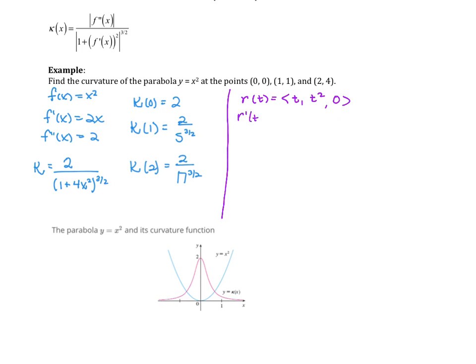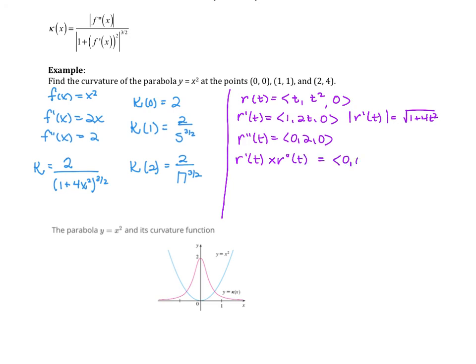And if we went through and did the math here, r prime of t would be 1, 2t, 0. We need the magnitude of r prime of t, and that would give me the square root of 1 plus 4t squared. We would need r double prime of t, which would be 0, 2, 0. And if we do the cross product of r prime of t cross r double prime of t, we get the vector 0, 0, 2. You can do that on your own if you want to check it.